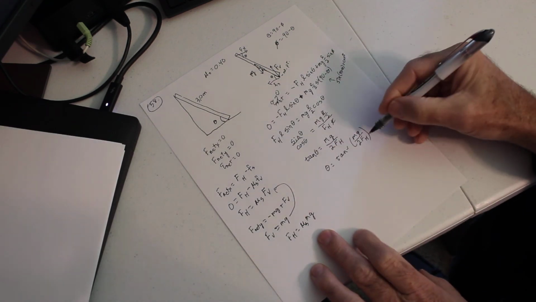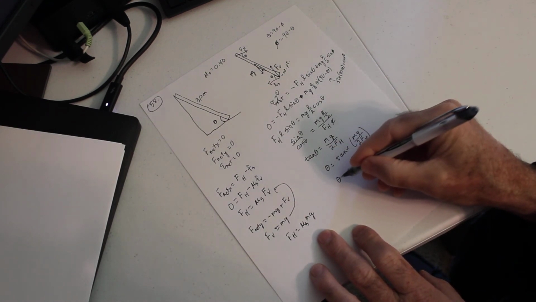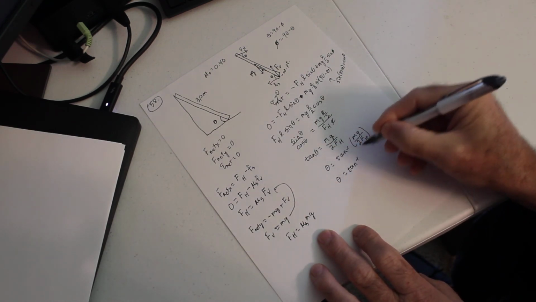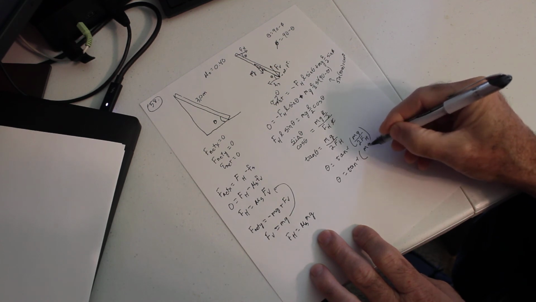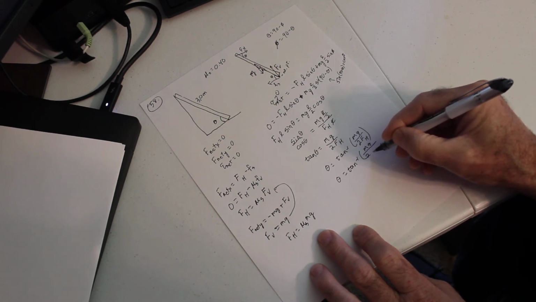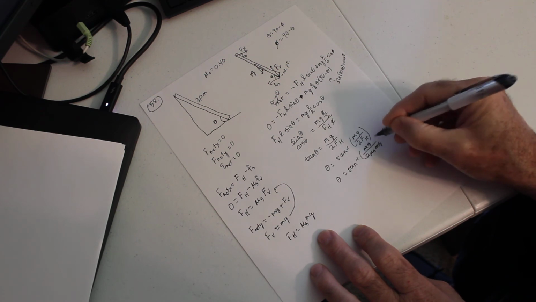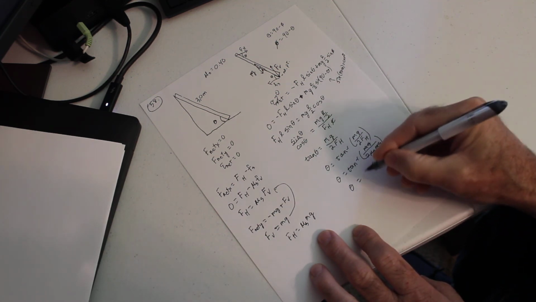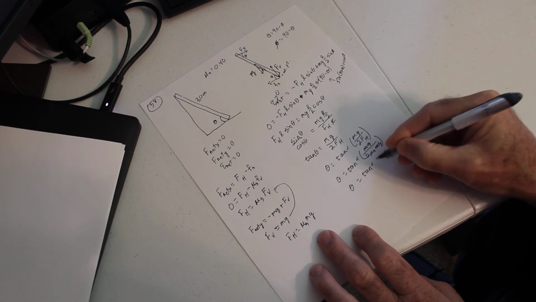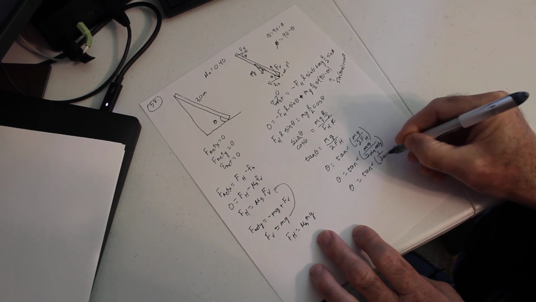And then I plug that back in for the horizontal force, and I get theta is equal to the inverse tangent of mg over 2 times mu sub s mg. Those cancel out, and you get theta is equal to the inverse tangent of 1 over 2 mu sub s.